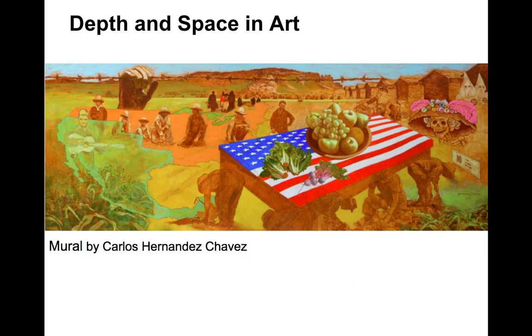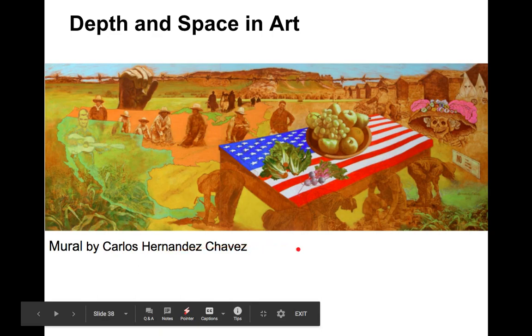This person is overlapping these people. Linear perspective, you can see along this table right here. It recedes in space along this direction. And also, look at these houses, how they get smaller as they go back in space. And they also have perspective as well on the roofs. This is a mural by Carlos Hernandez Chavez.